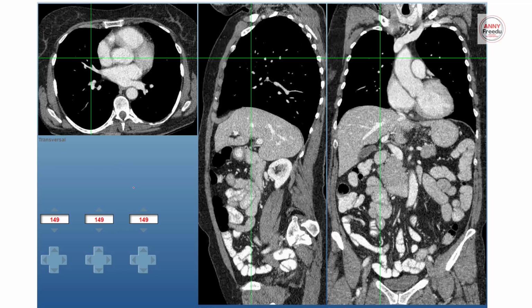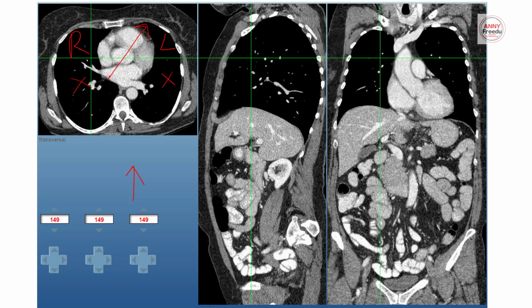This transversal plane is observed from inferiorly because the apex of the heart is directed to the left side, and here we have the right side. So this will be a left lung and that will be a right lung.